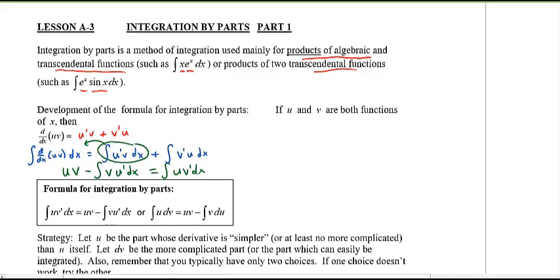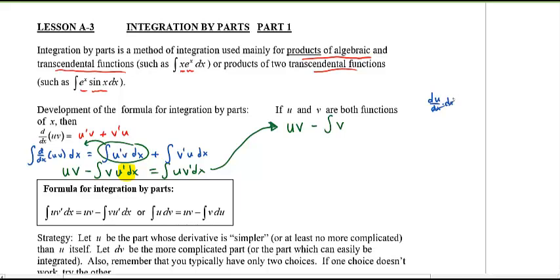And if you're thinking, oh, that's interesting, but what does that mean? Okay, I get it. Let's keep going. uv, well, that's pretty straightforward. Two things multiplied together, minus the integration of v. Now, this u prime dx, okay, think of u prime like du dx times dx, right?